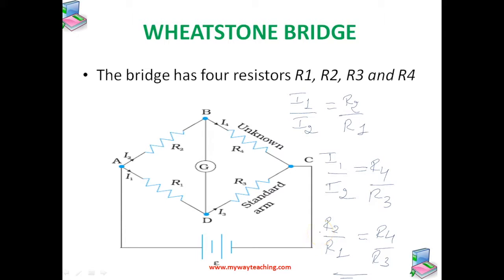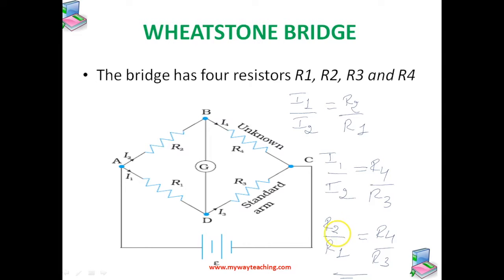The Wheatstone bridge and its balance condition provide a practical method for the determination of an unknown resistance. Let us suppose we have an unknown resistance which we insert in the fourth arm. R4 is thus not known. If you insert that unknown resistance R4 in this fourth arm, then using the equation R2 by R1 is equal to R4 by R3, we can find that unknown resistance.